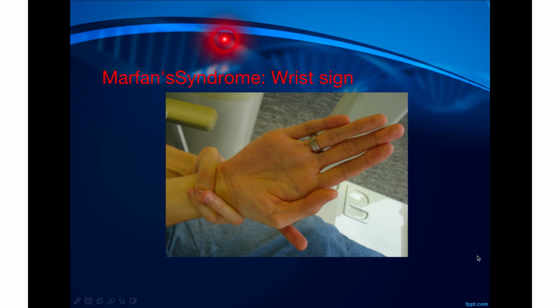It can also touch the thumb of this patient. That's part of what we're going to see, because the patient has joint laxity and also arachnodactyly, long fingers. If a normal person does it, your thumb and your pinky can't really wrap around your wrist. Okay.